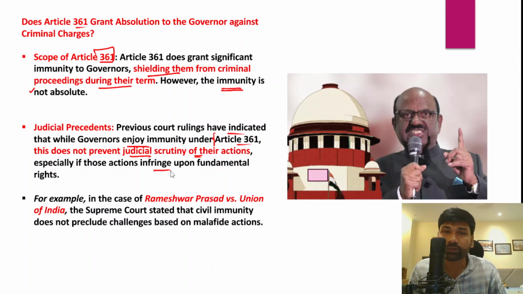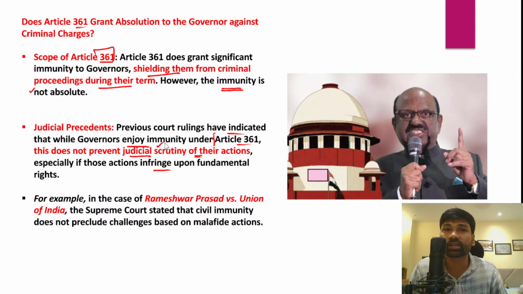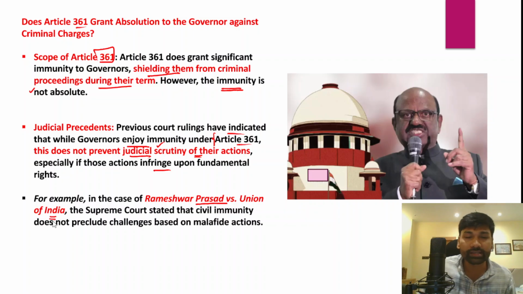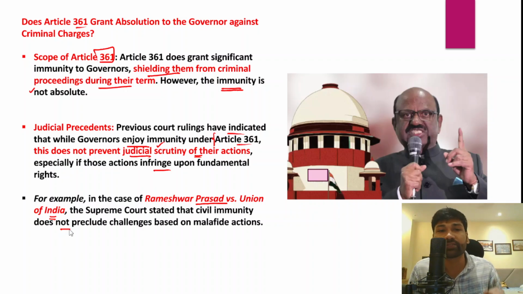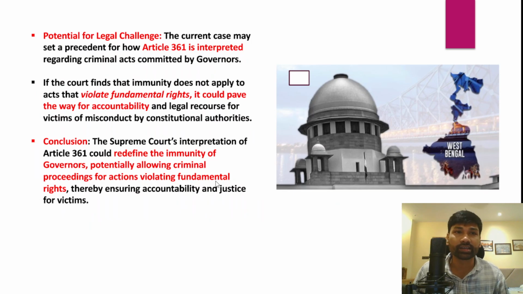So any action of the governor which has nothing to do with constitutional functions, and which violates fundamental rights, will be subjected to judicial scrutiny, and that is what the Supreme Court's earlier judgments say with respect to Article 361. For example, in the Rameshwar Prasad versus Union of India case, the Supreme Court stated that the civil immunity does not prevent challenges based on malafide actions. That is the Supreme Court's stand in Rameshwar Prasad versus Union of India.